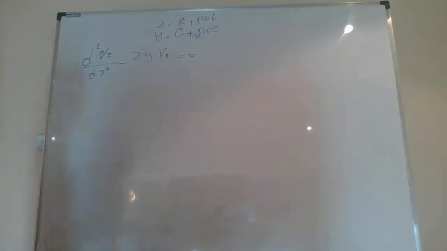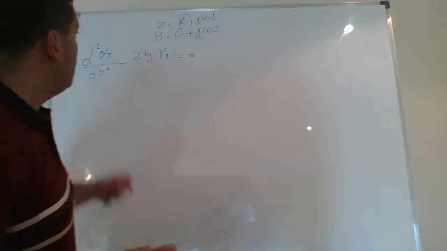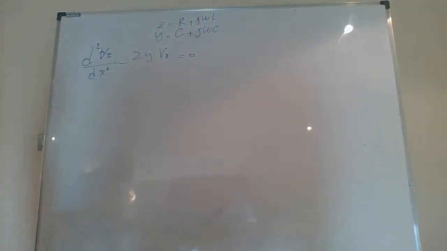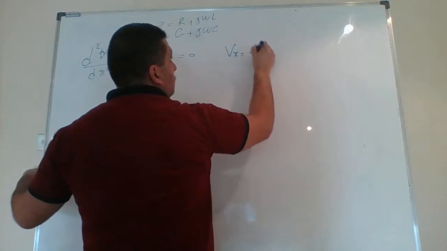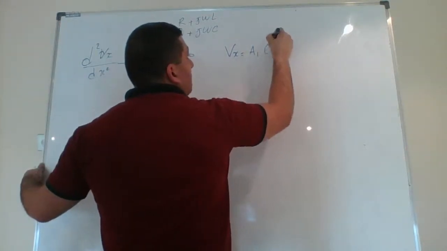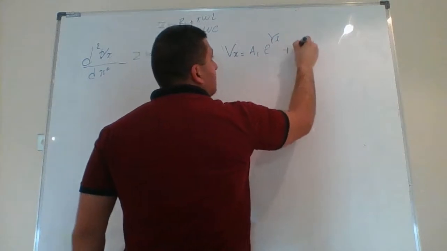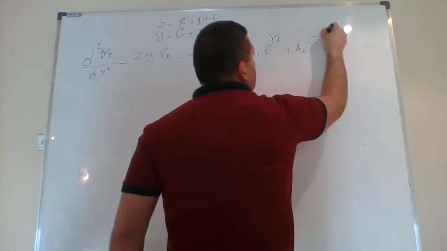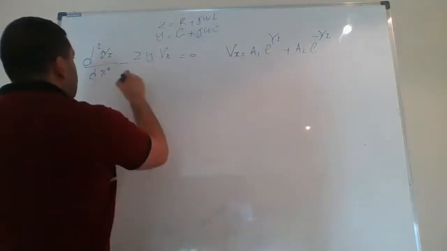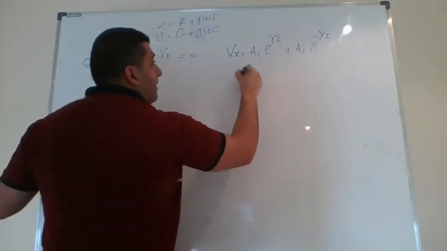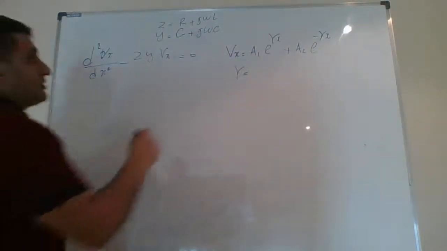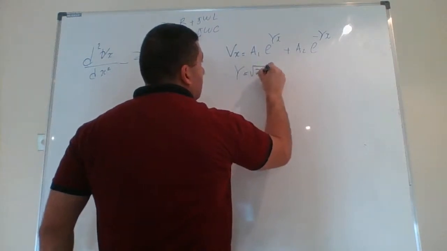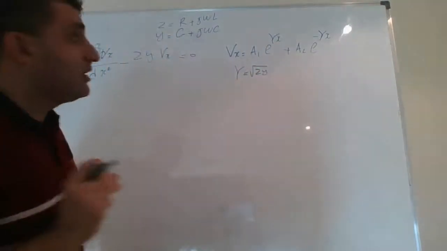The answer for this circuit will be Vx is equal to a1 exponential of gamma x plus a2 exponential of minus gamma x. Now this gamma is equal to square root of zY, which is known as the propagation constant.